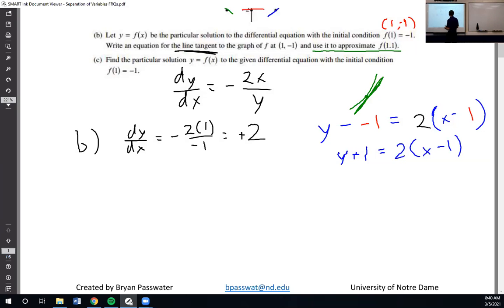So let's do that. F of 1.1 means we want to take our tangent line and plug in 1.1.